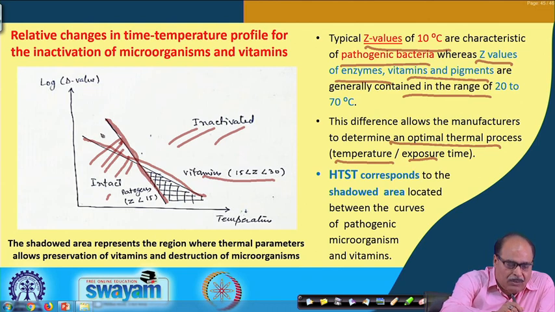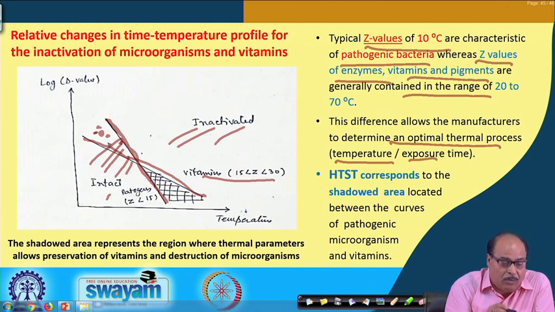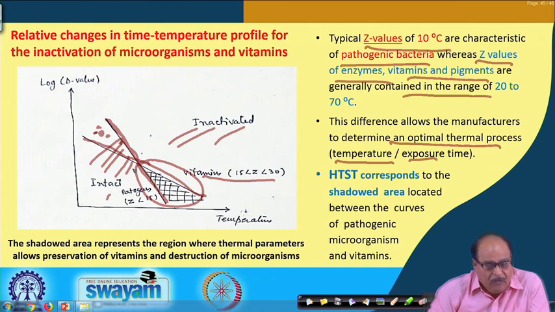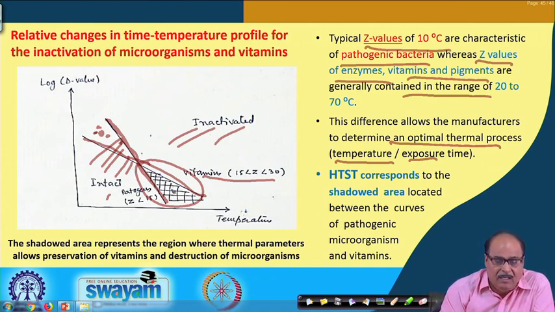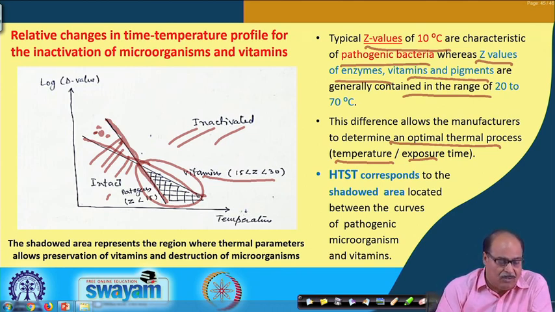So, in this place here, although the pathogens will remain, the vitamins may get more destroyed. So, it is the shadowed region here where the pathogens get inactivated, as well as the desirable constituents of the food, vitamins, pigments, colors, etc., are also retained.